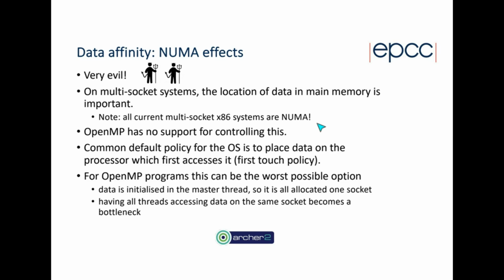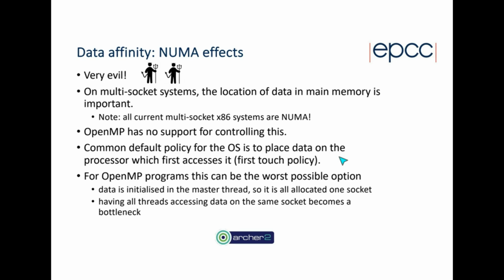OpenMP doesn't have any real support for controlling this, so you can't directly control where your data is placed in main memory. That's down to the operating system to decide. A common default policy, particularly for Linux, is the so-called first touch policy.